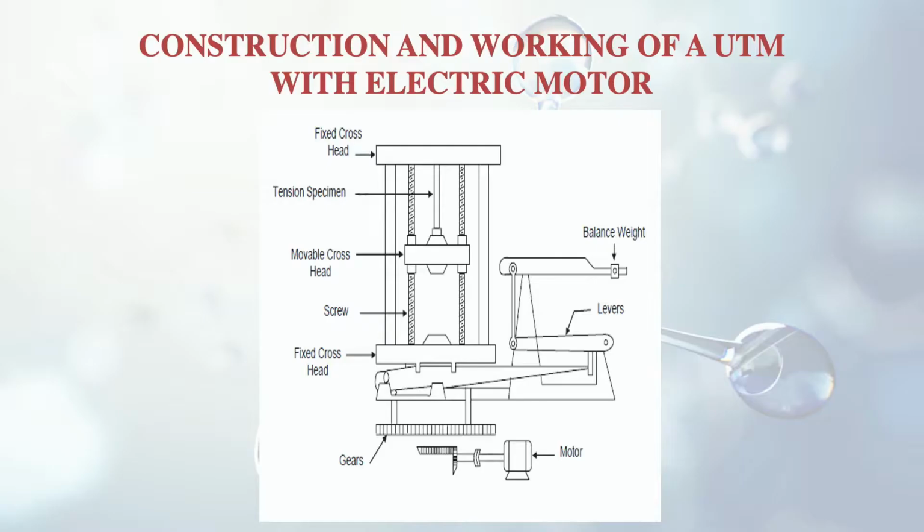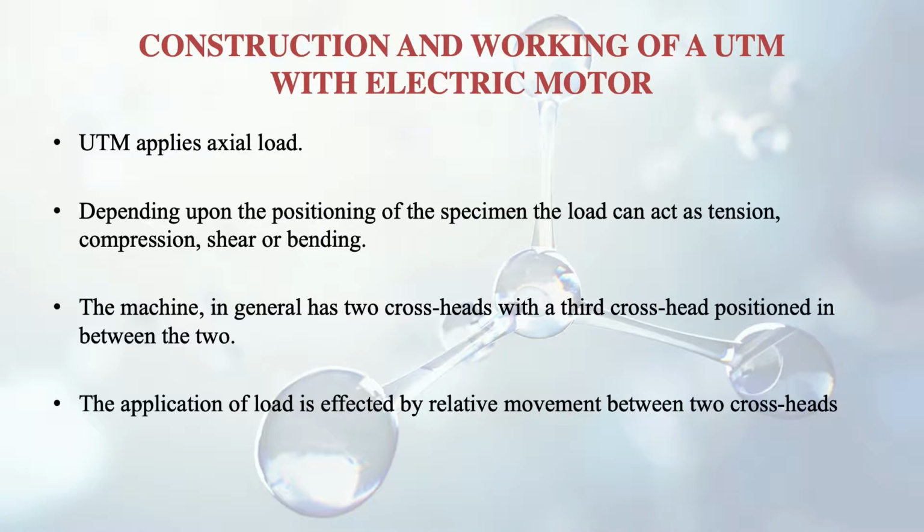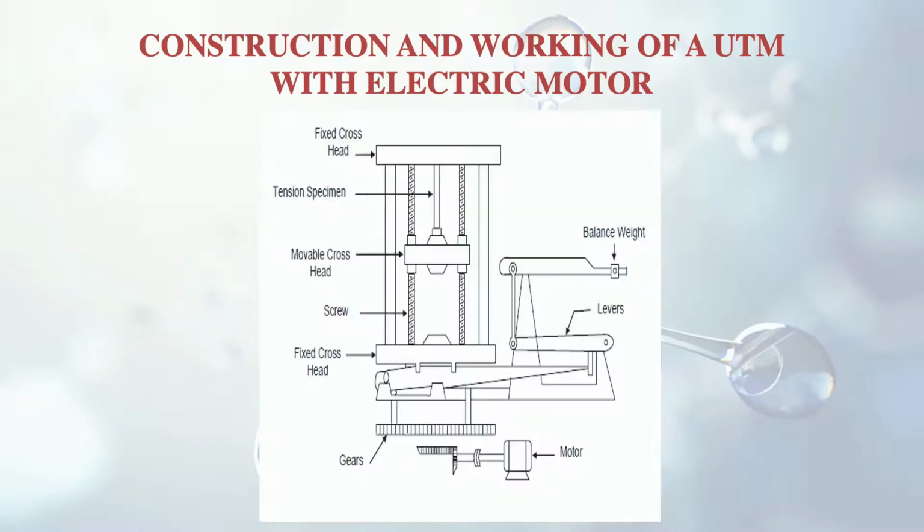But there are nowadays very sophisticated machines which achieve strain rates up to the limit of say 10,000 or 100,000 per second. Now you can see the figure here of the UTM machine, which is running with the help of the electric motor. UTM also applies axial load. Like earlier I demonstrated what axial load was.